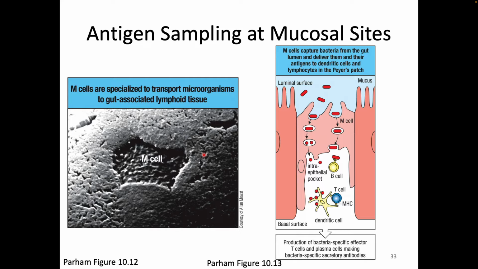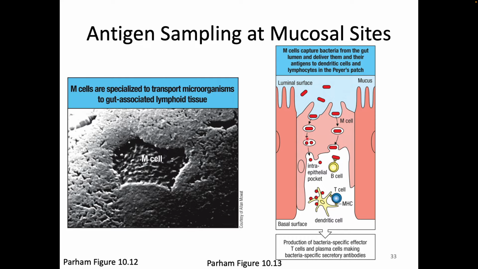So what you should notice here is the area of the intestine where the M cell is looks different. M cells would also look different if we were somehow able to do our electron microscopy of the bottom and look at them from the inside.